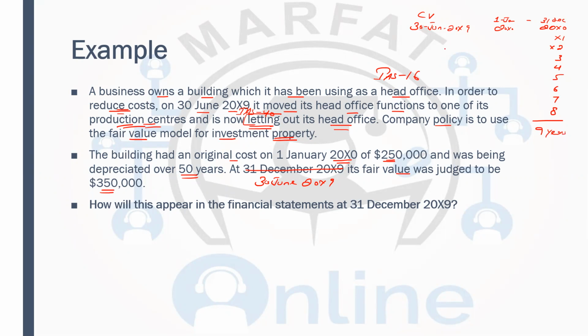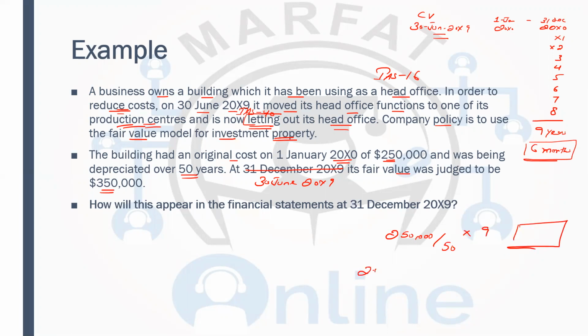But we need the carrying value till 30th June. Then we need to calculate the depreciation of an extra 6 months on a pro rata basis. So it's 9 years and 6 months of depreciation that we need to calculate. This is simple. 250,000 is the cost, divide by 50 years, multiply by 9. This will give you the depreciation of 9 years.